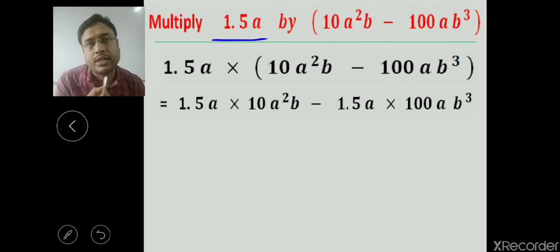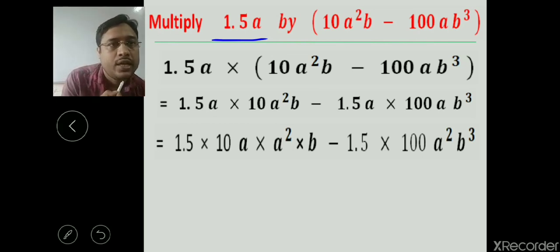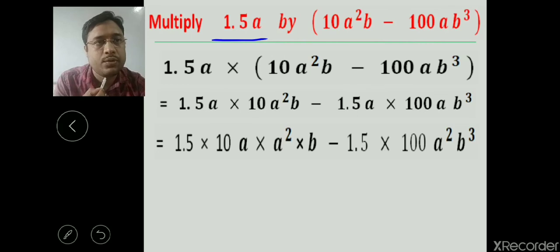1.5 into 10, the numbers will multiply, and 1.5 into 10 is 15. First you separate them: 1.5 into 10, then a into a square, and the last variable b remains. Then 1.5 into 100, and a into a gives a square, and then b cube.